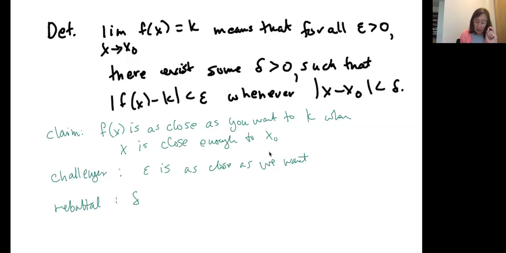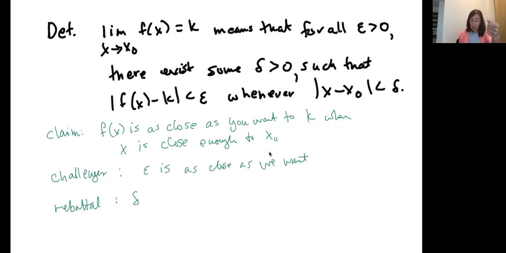I tell you how close x needs to be to the limiting value so that for all of the x's that are closer to the limiting value than the one I picked, f of x is within epsilon of k. So again, the way to think of it as a conversation is there's this claim that involves one thing being close enough to another thing, or as close as you want to another thing.